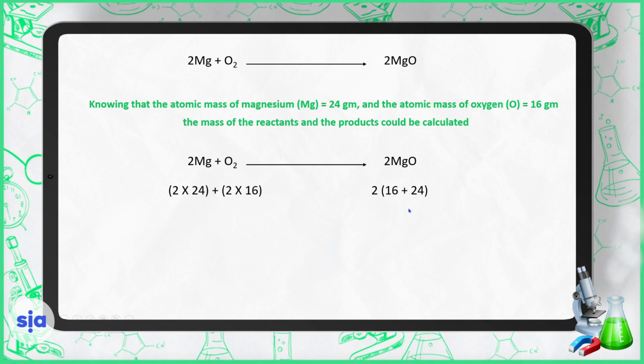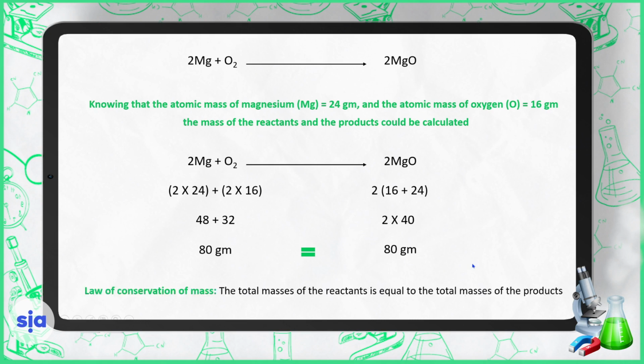On the right side, 2 times 16 plus 24. On the left side, it's 48 plus 32. On the right side, 2 times 40. On the left side, 80 grams, which is equal to the right side, 80 grams. This proves the law of conservation of mass, which says that the total masses of the reactants should be equal to the total masses of the products.